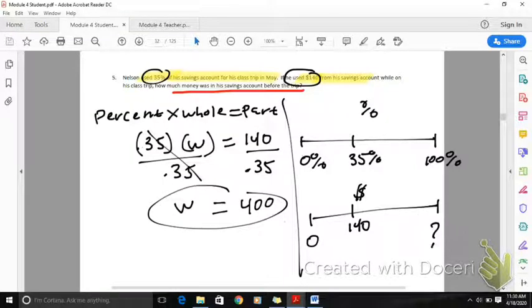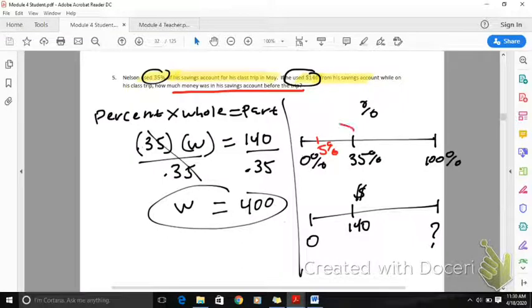Remember, 35 doesn't go into 100 evenly, right? So we have to find a number that goes into 35 and 100. Think about what that is. It's 5. So we're going to figure out what 5% is.